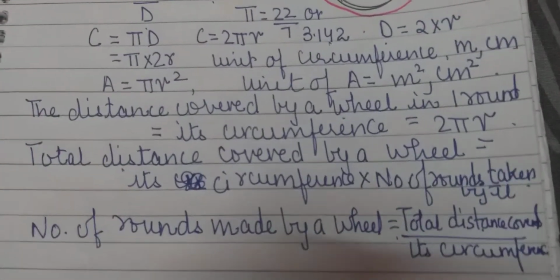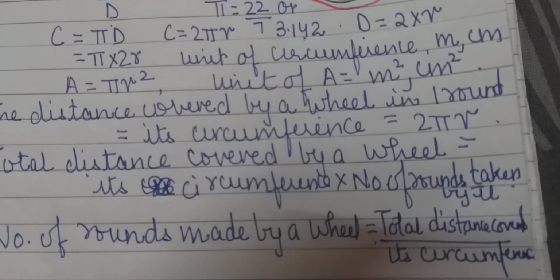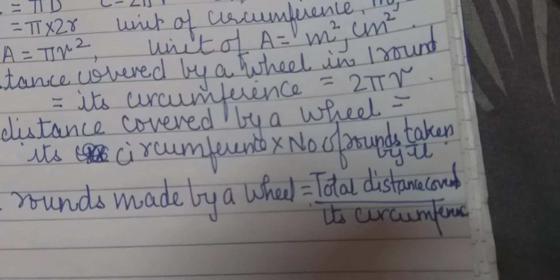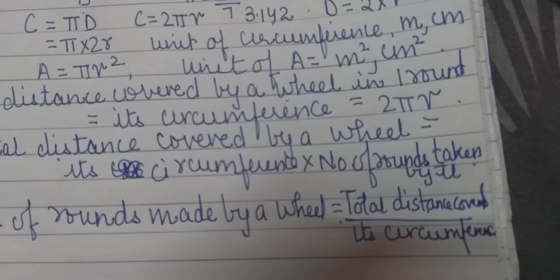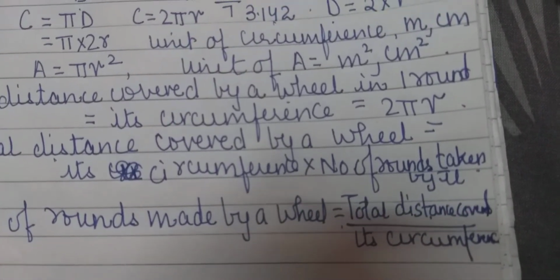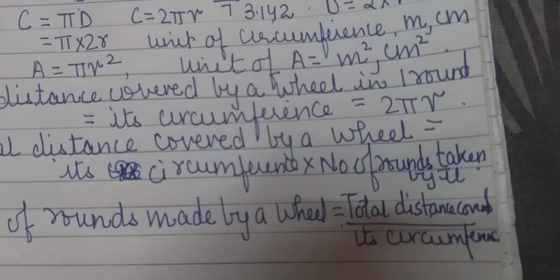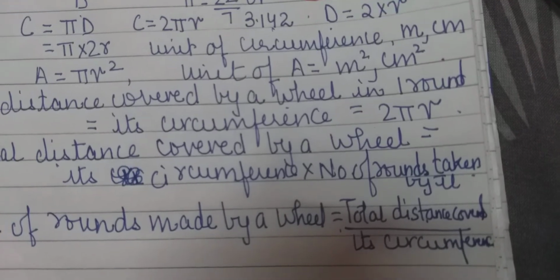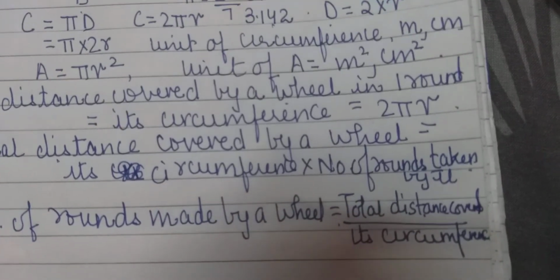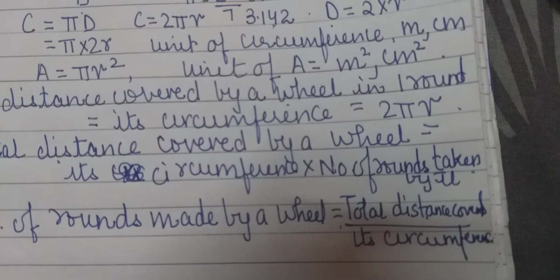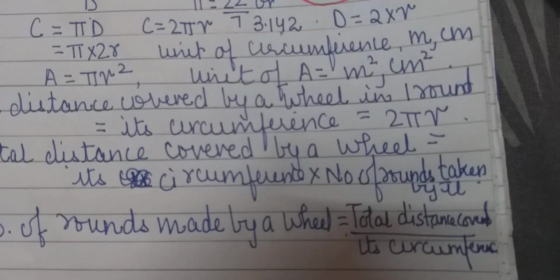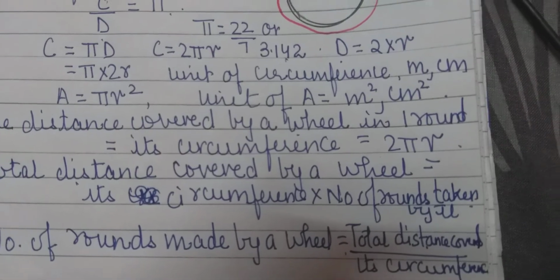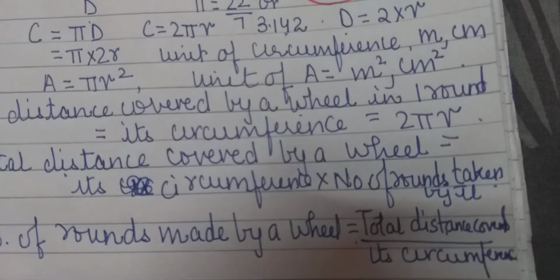See, I come here to a wheel question. The number of rounds made by a wheel is equal to the total distance covered upon its circumference. See, if I drive a car or I have a bicycle and I travel a distance of 1 kilometer, I'll ask how many rounds my wheel has made.